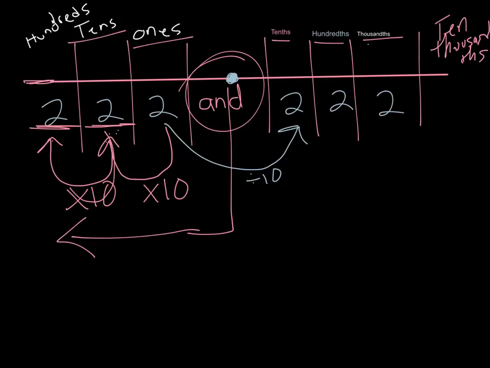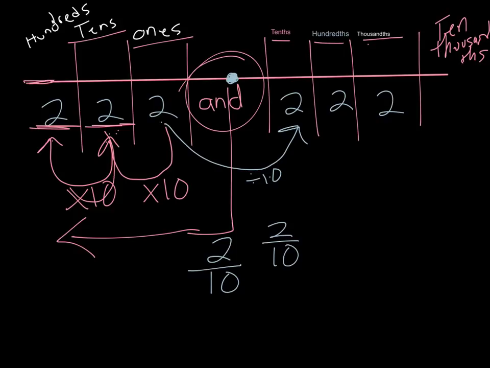A tenth is exactly 1 divided by 10. We could write 2/10 as a fraction, and we can write 2 as a whole number. And if we divide 2 whole by 10, we will get 2/10.